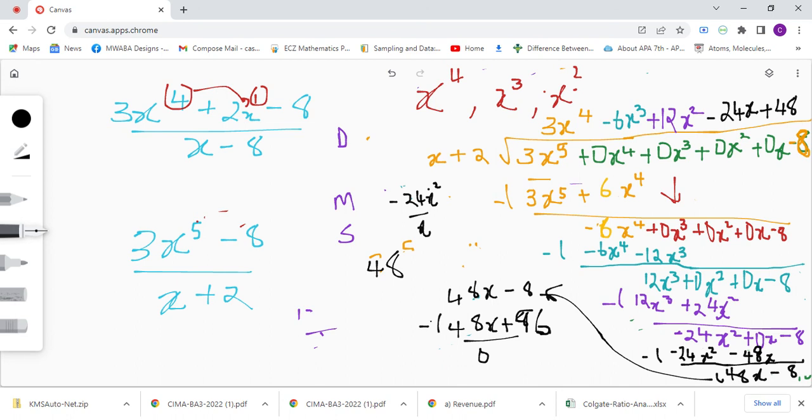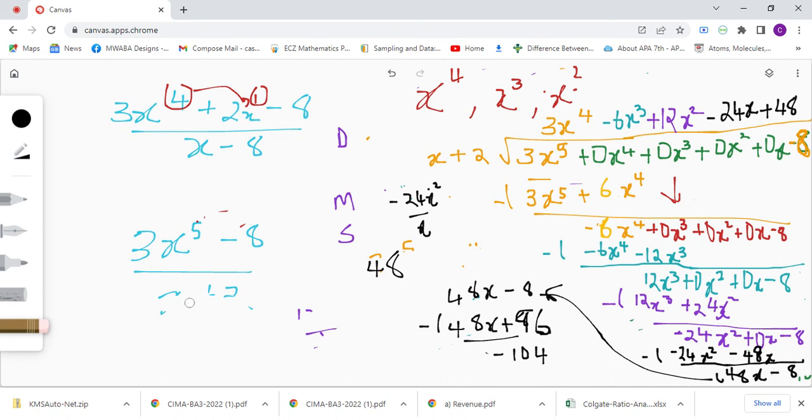Then negative 8 minus 96, we get negative 104. So our remainder is negative 104.